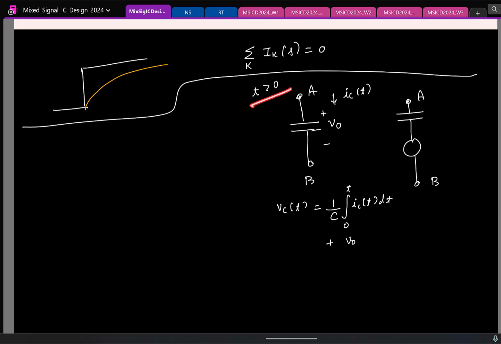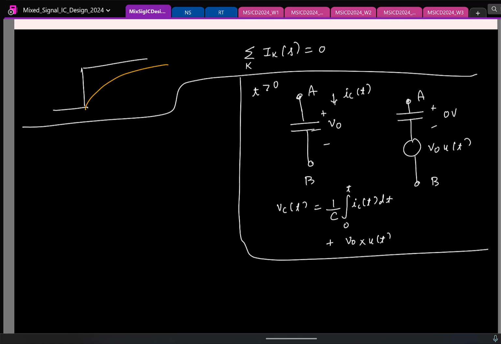Now I am considering t greater than 0, so loosely speaking I can treat this as a capacitor with 0 initial voltage, and this is my V0 times U of t. Same thing. So you can use this also to solve our switch cap circuits.